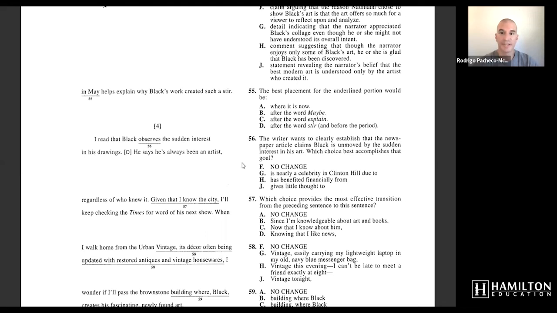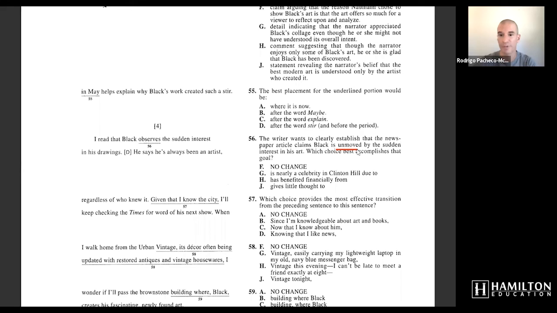We have a question stem, so let's start there. The writer wants to clearly establish that the newspaper article claims Black is unmoved by the sudden interest in his art. Which choice best accomplishes that goal? So what does this mean exactly? That Black is unmoved by the sudden interest in his art.